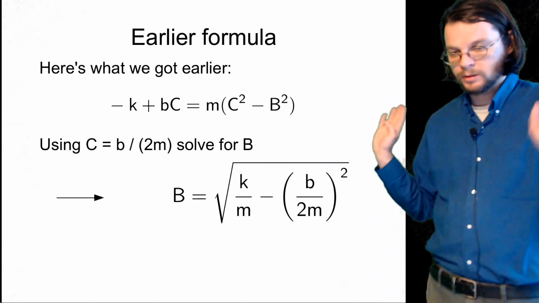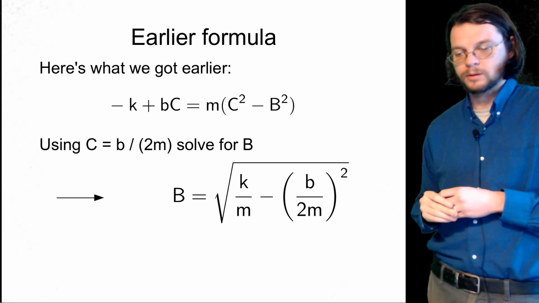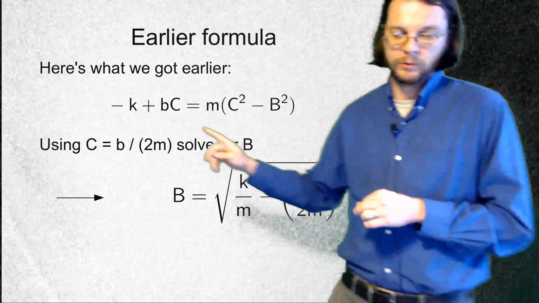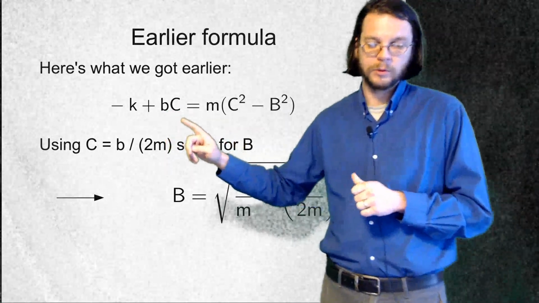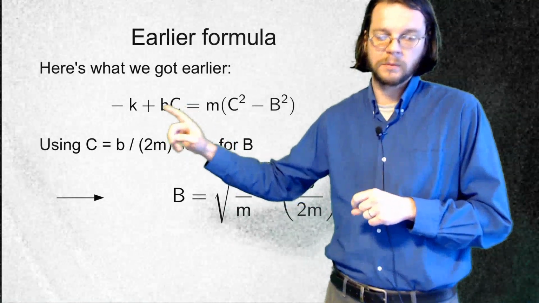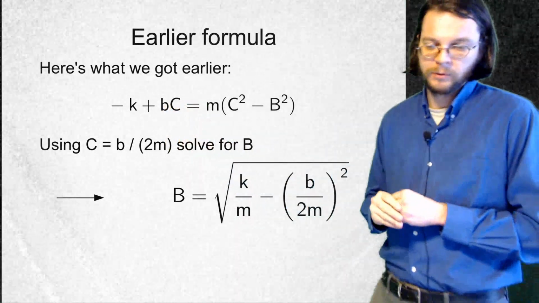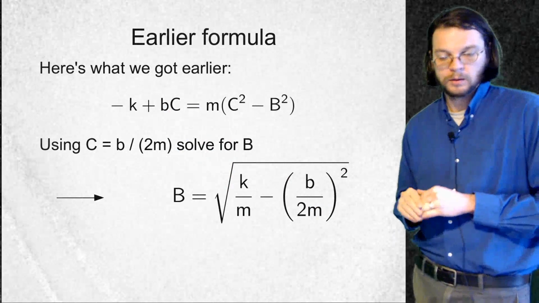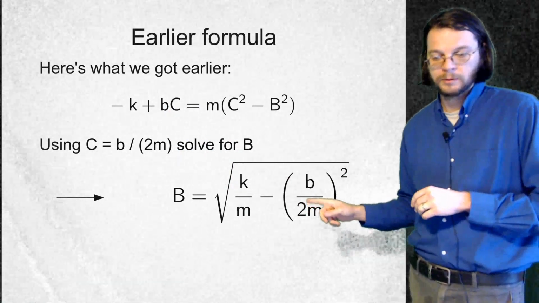I'll spare you the slides of algebra, but I think you can take my word for it that you get a b squared over 2m here because it's b times little b. You get k over m. It's pretty straightforward to come up with this.